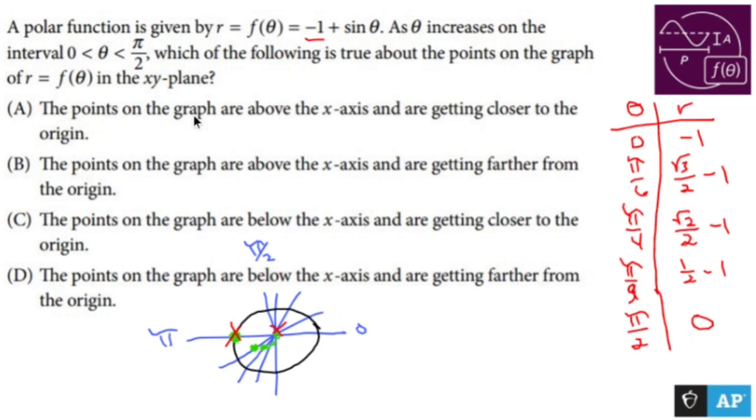Are the points on the graph above the x-axis? No. Below the x-axis? Yes. And getting closer to the origin? That is true. Below the x-axis, true, and getting further away from the origin? That's not true.